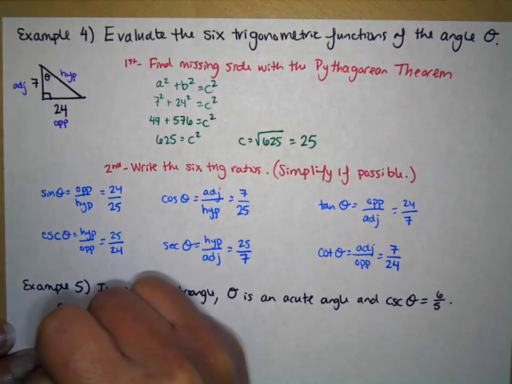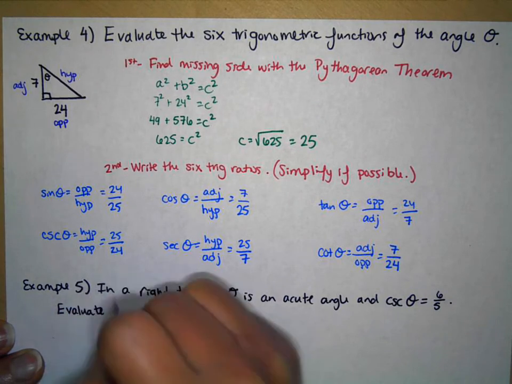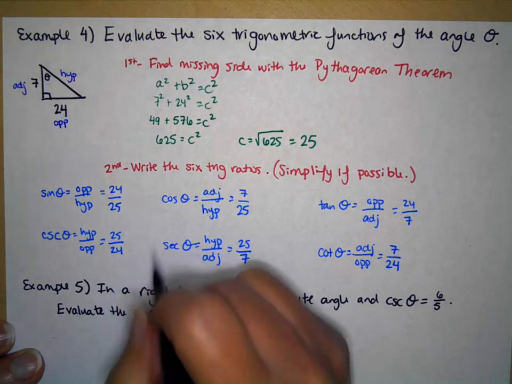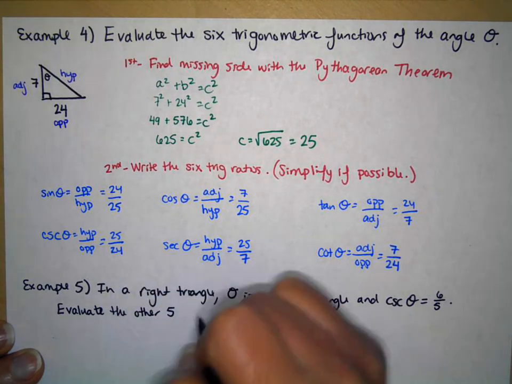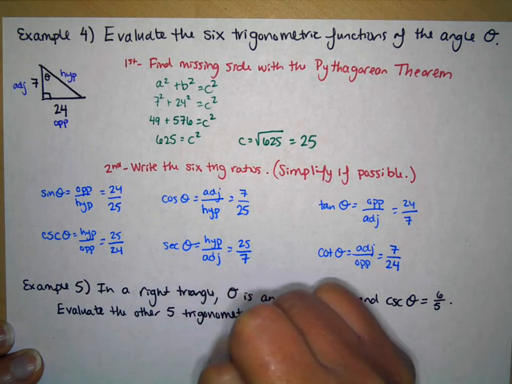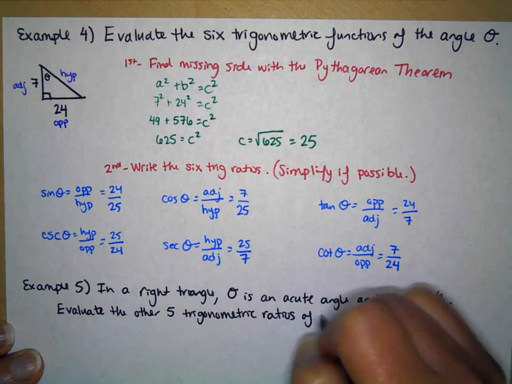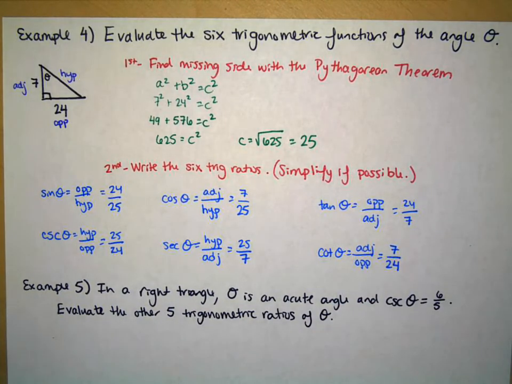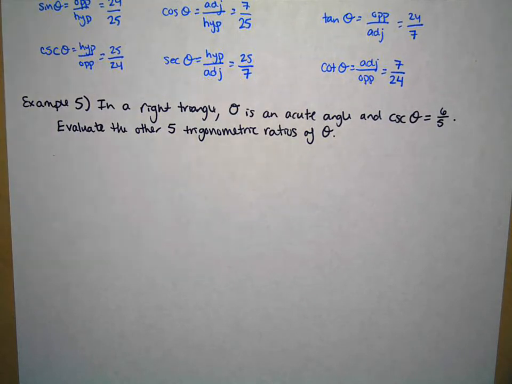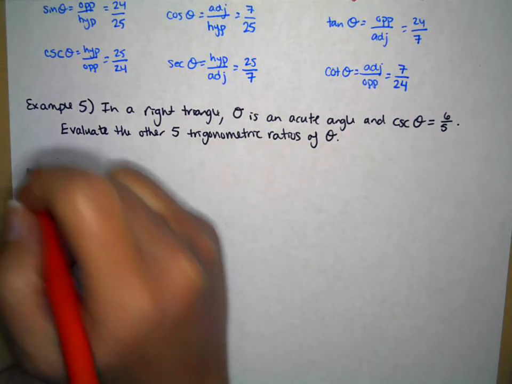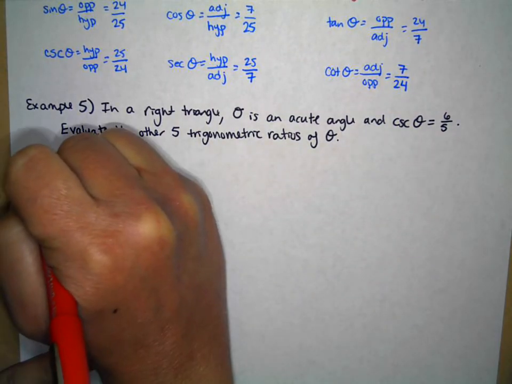We are going to evaluate the other 5 trigonometric ratios for theta. All right. The first thing we're going to do in this example is to draw and label a triangle.